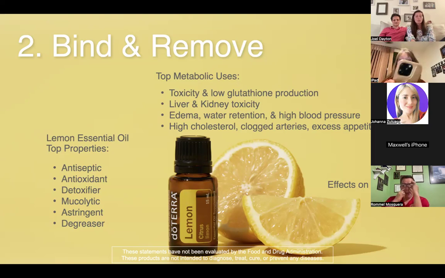And one of the big reasons why lemon is so great at helping the liver, beyond the glutathione, is that second point, liver and kidney toxicity. You'll see on the lemon essential oil top properties, down a little ways, the last one is that it's a degreaser. And that third one from the bottom says it's mucolytic. What that means is that it's really helping to thin out any grease.